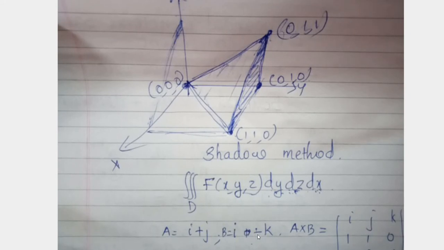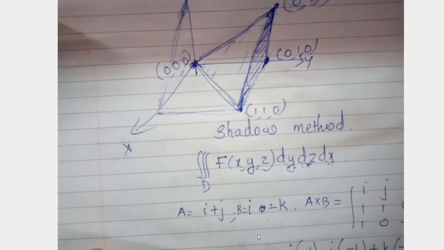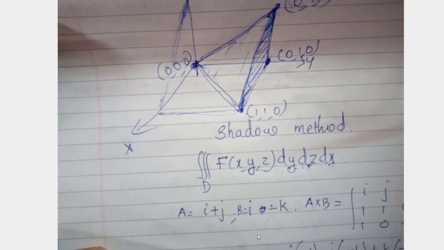This equals i times minus 1, minus j times minus 1, plus k times minus 1, that is minus i plus j minus k. So the normal vector is minus i plus j minus k, and the point is 1, 1, 0.